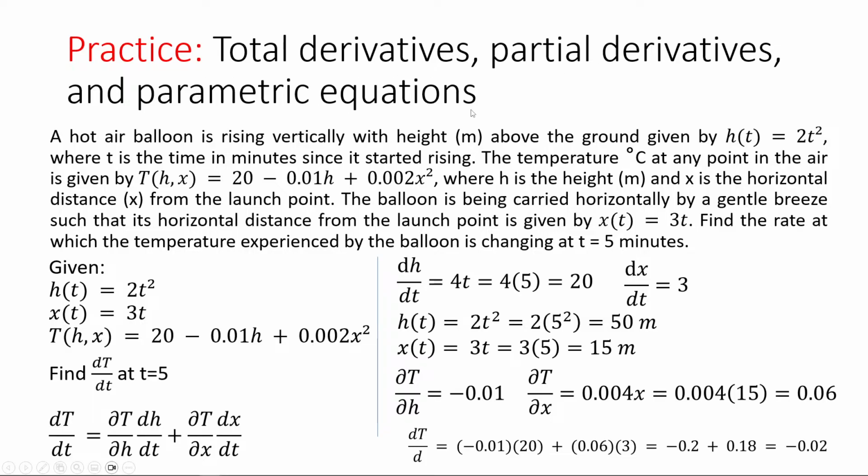So I'm giving you h as a function of time, for example, and then I'm giving you temperature as a function of h and x, some distance. And I'm telling you to find how temperature is changing, not with height, elevation and distance, how far you go, but how temperature is changing in time.